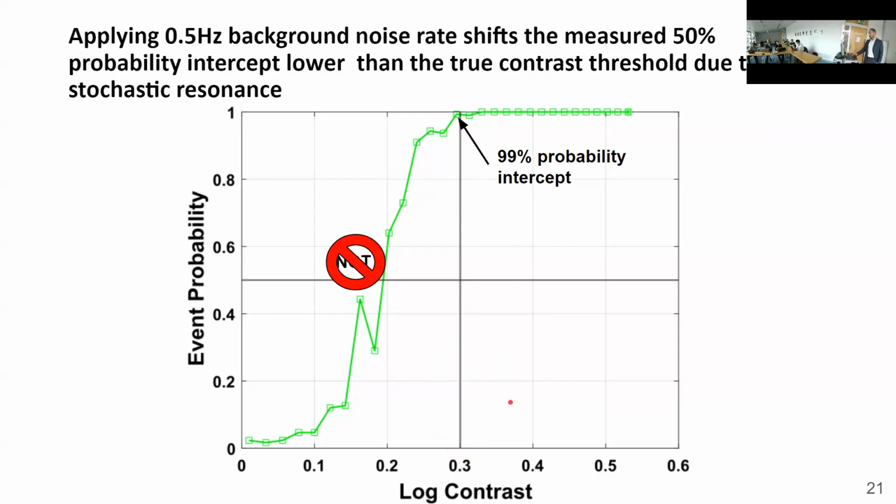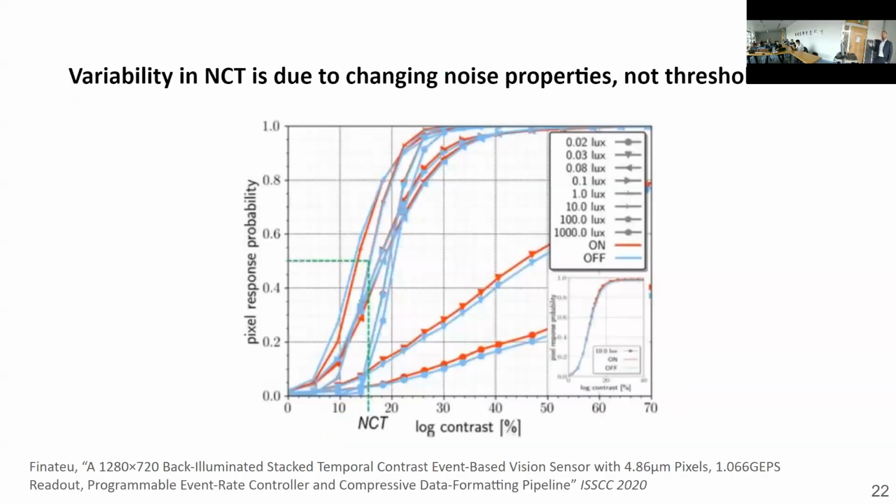Now, if I apply this reasoning back to what was reported before, I can look at these 4 brightest illumination levels. And what I find is this curve corresponds to a light level that's more noisy, and this curve corresponds to a light level that's less noisy, as predicted by simulation.